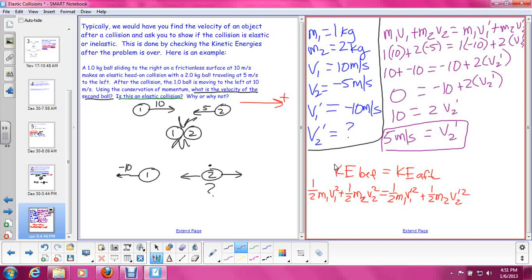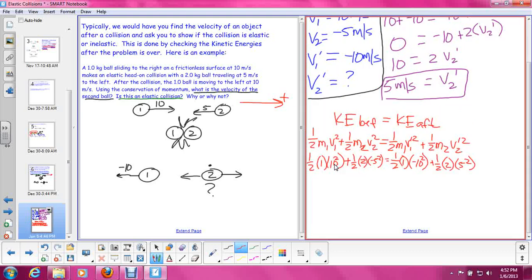And now we're plugging in numbers. So we have 1/2 of 1 times 10 squared plus 1/2 of 2 times -5 squared equals 1/2 times 1 times -10 squared plus 1/2 times 2 times 5 squared.